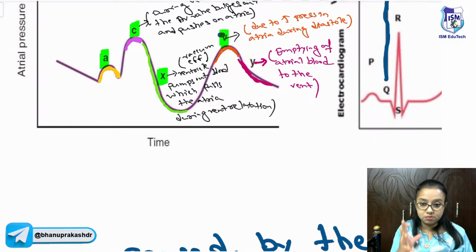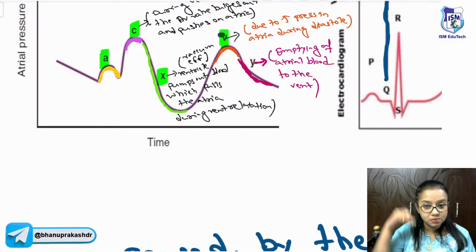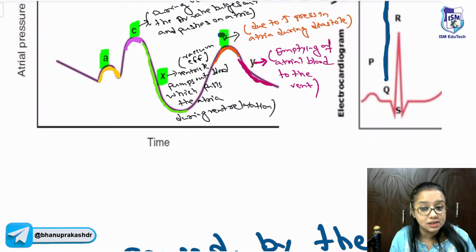Due to passive filling of the ventricle, the atrium is losing its blood to the ventricle because it is passing its blood to the ventricle. So there is a drop in the pressure in the atrium. This is what causes this downward slope again.